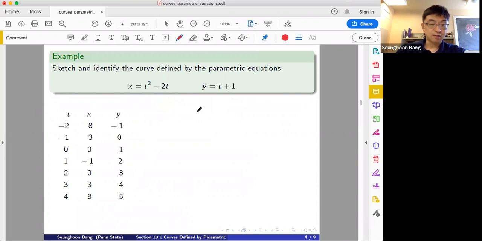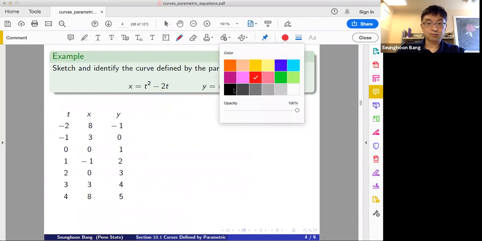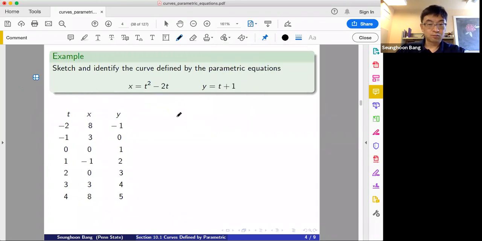Would you like to sketch the graph? So like this. We can draw a line.